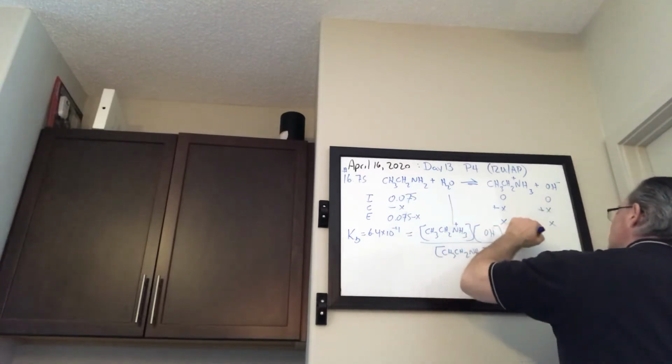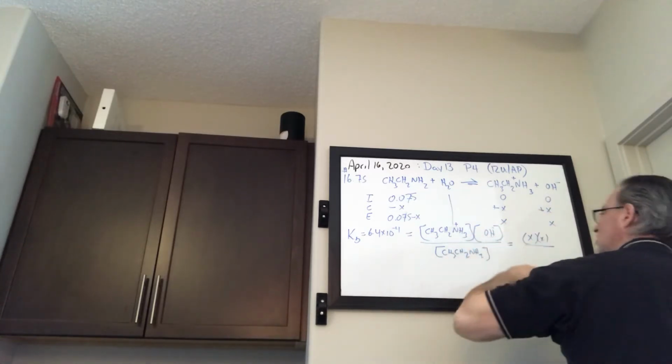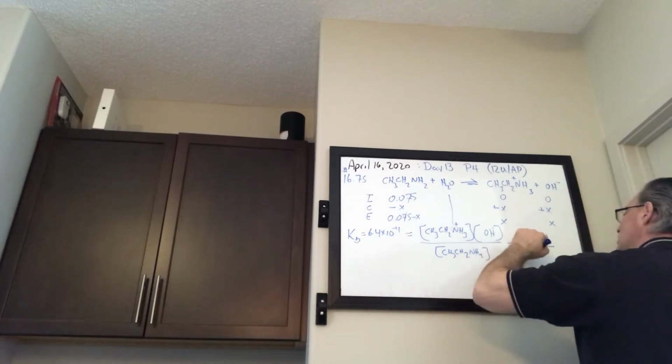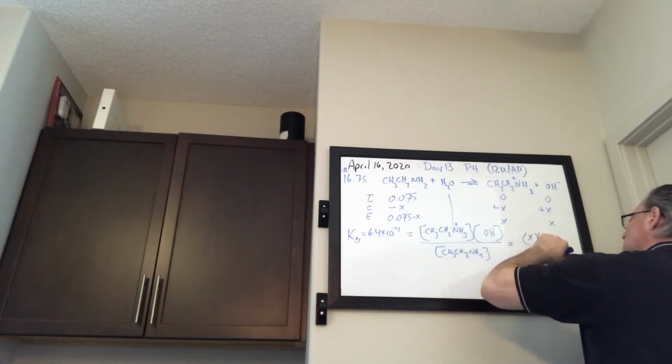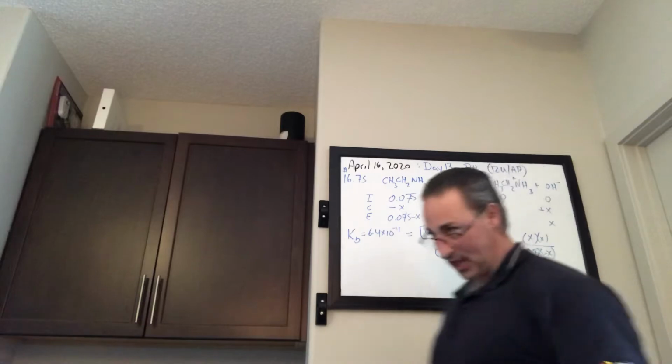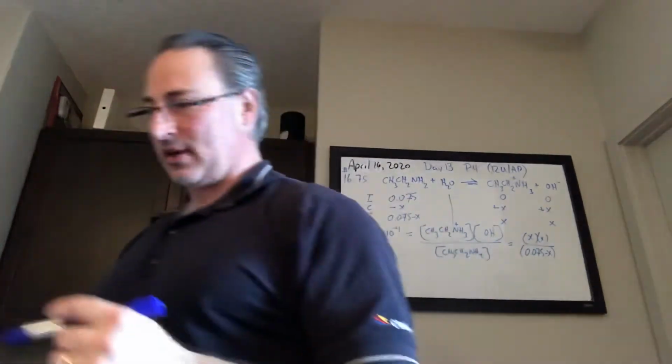So this is represented by X times X over 0.075 minus X. Again, let's do it the first time by approximation, second time by quadratic formula. Let's see what kind of results we get.